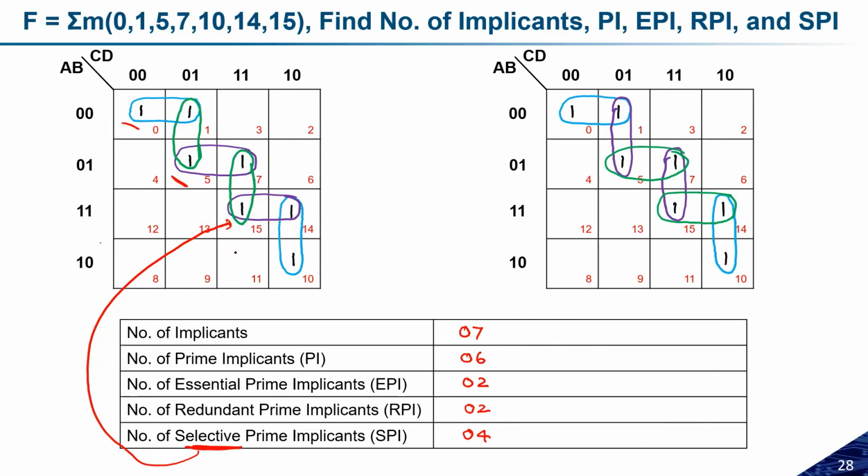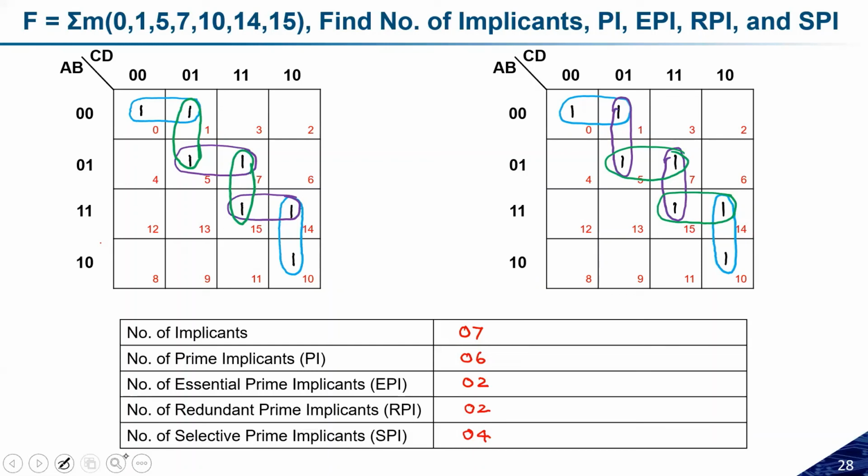After considering the selective prime implicants, then we can comment on the redundant one. We cannot say all these are redundant. So the redundant will be considered after considering the selective one. Hope your doubt is clear.